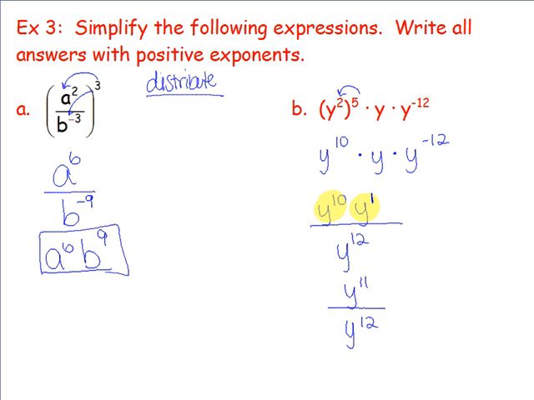Now we are going to combine this top y and the bottom y. Well, I just said they were on top and bottom, which means we are subtracting. We know we always start with the bigger amount, which is 12. 12, take away 11, leaves me with 1. And where is the bigger amount right now?